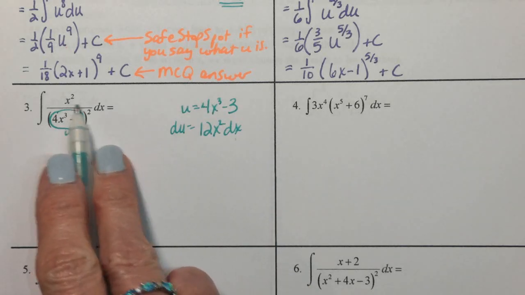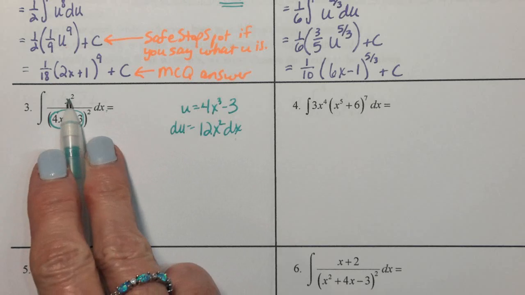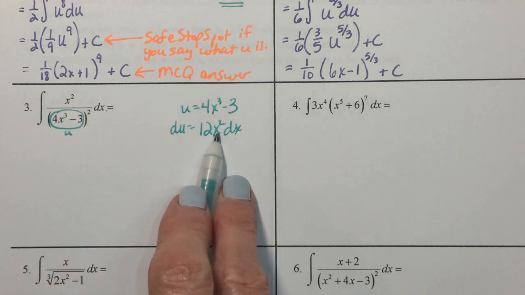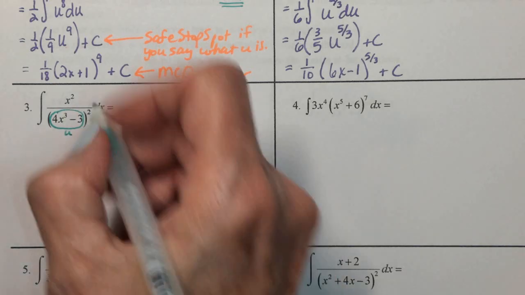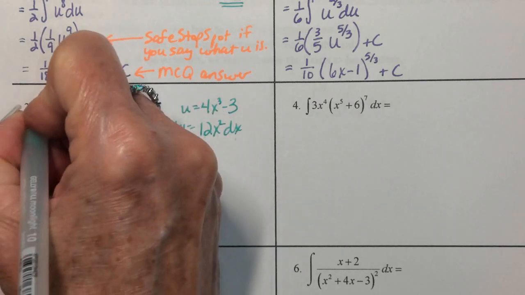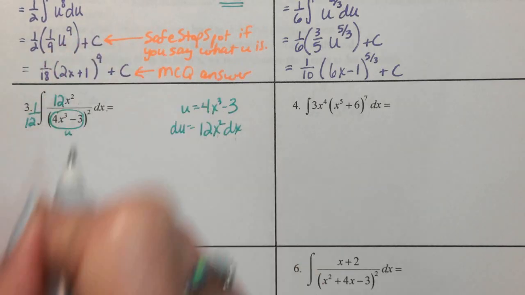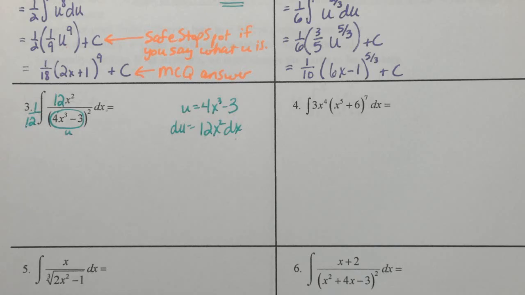Do we have the x squared dx? Yes, we do. Do we have the 12? No, we do not. So I'm going to multiply by the 12, and then on the outside, multiply by 1/12.